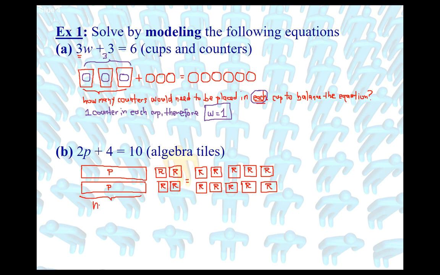So I'd ask myself, how many red squares would need to be placed in each mystery rectangle to balance the equation.